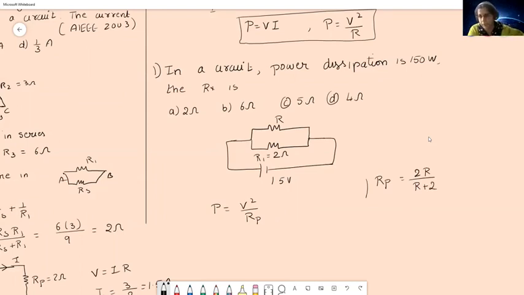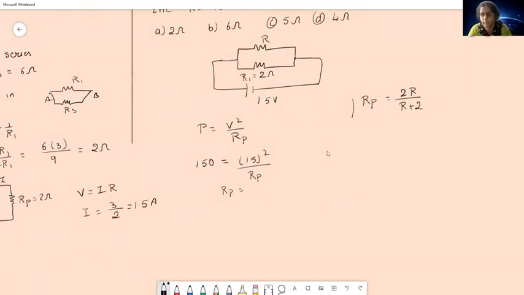Now I can substitute all the values. P is 150, V is 15 squared, then I have Rp. So Rp is going to be 150 by 15 square, which is going to be 1.5.